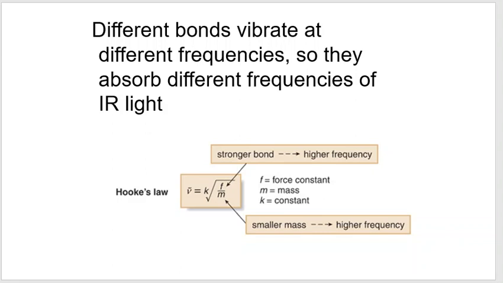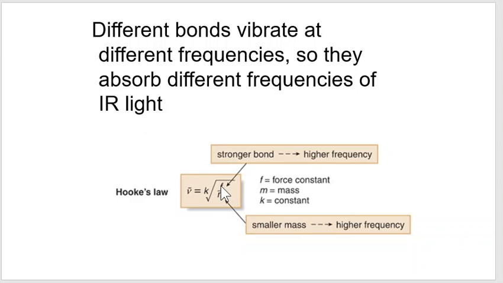Bonds are like springs. If you've taken a physics class, you might have modeled the frequency of a spring using Hooke's law. And indeed, you can do that in IR as well, where the wave number, which is basically like a frequency, is equal to a constant times the square root of the force.